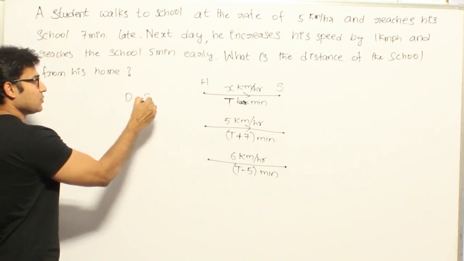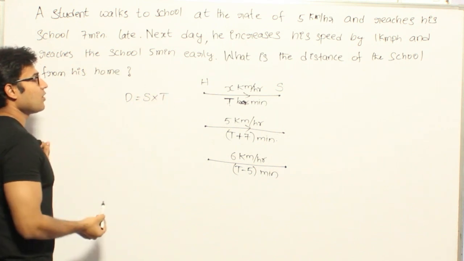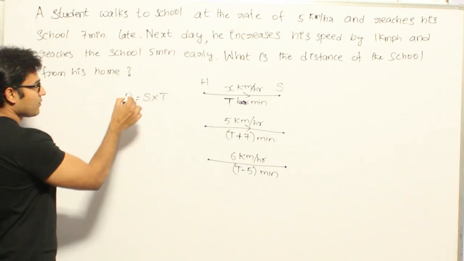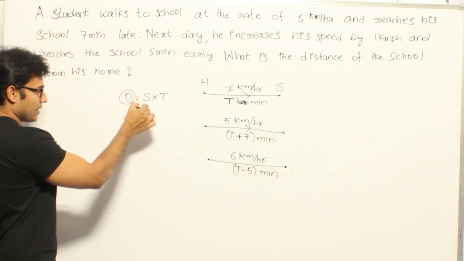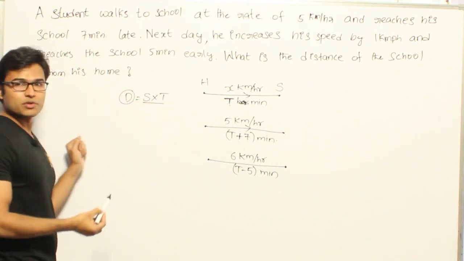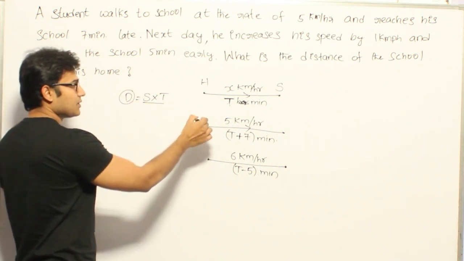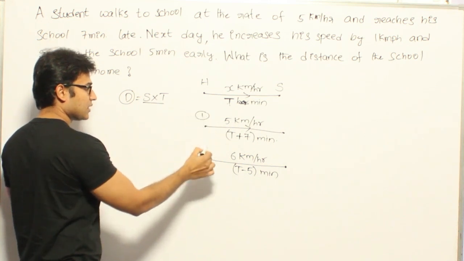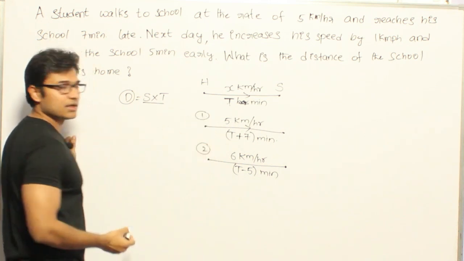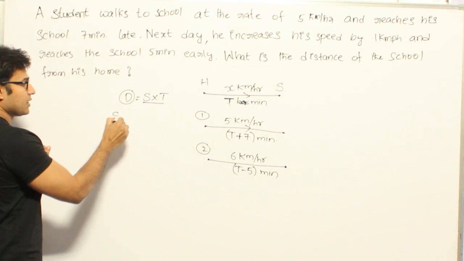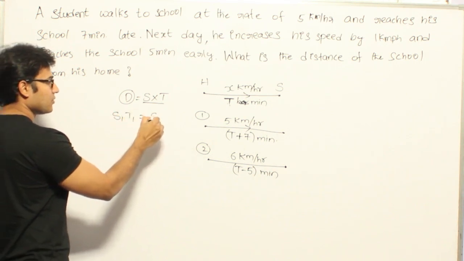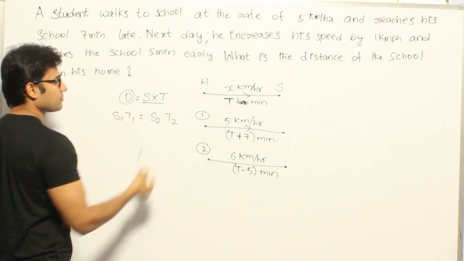D equal to S into T, and we have already seen the models in which whenever the distance is same, I can write S1 into T1 equal to S2 into T2. Now I can assume that this is the case corresponding to the first case and this is the one corresponding to the second case. Now from this I can write S1 into T1 equal to S2 into T2, right?